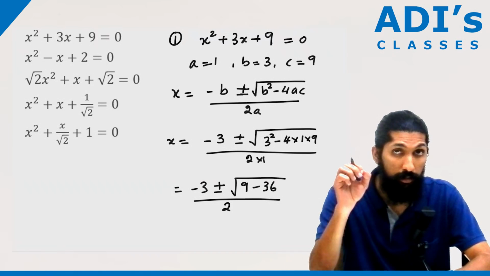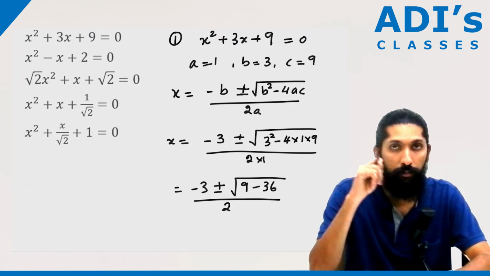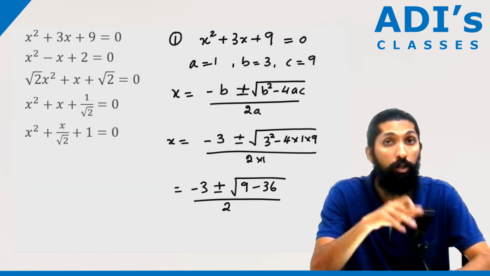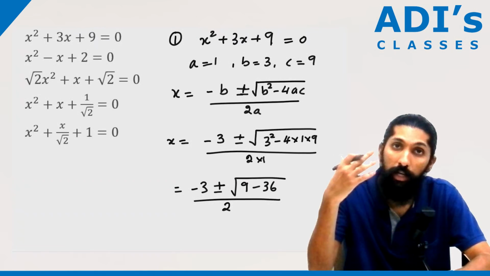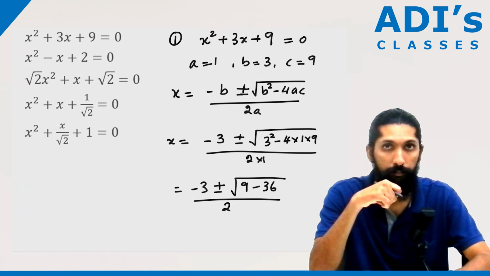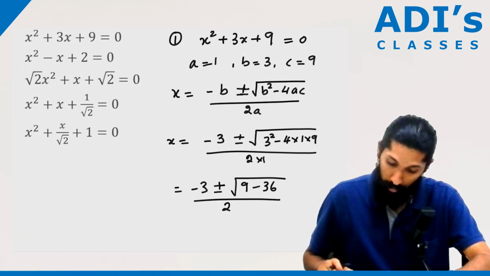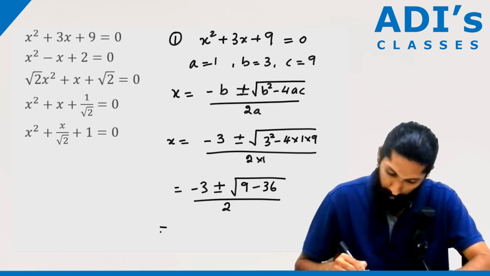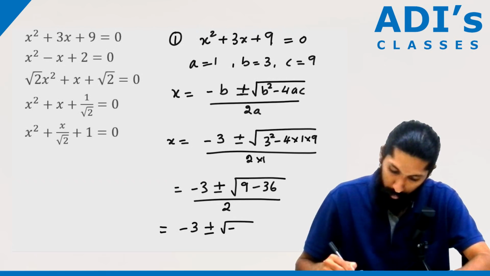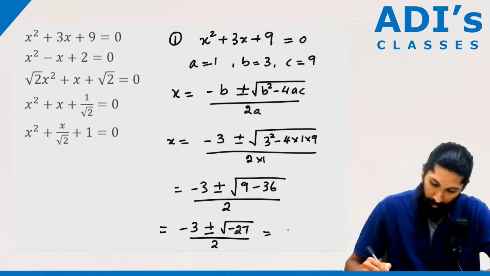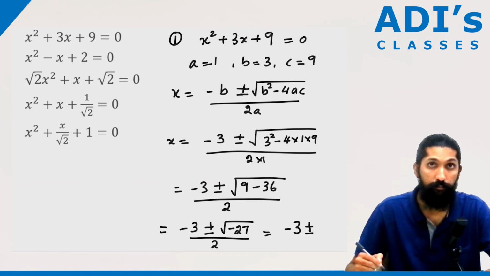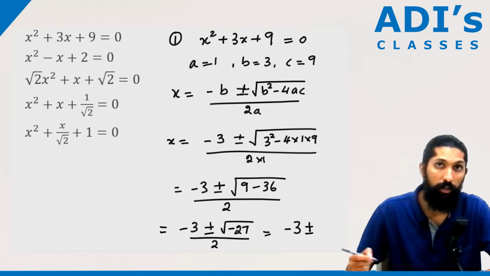Now 9 - 36, so you know the discriminant is a negative value. That means we are going to get complex roots, or imaginary roots as you can also call them. So this becomes (-3 ± √-27) / 2. √27 is 3√3, and √-1 is i.